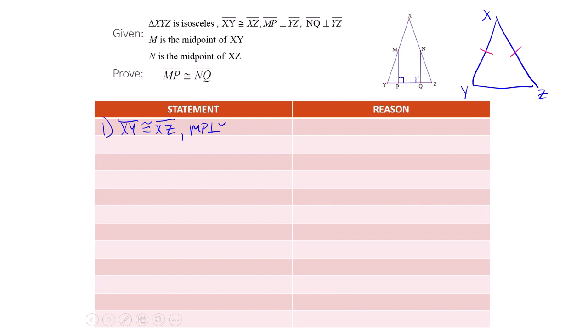MP is perpendicular with YZ, and NQ is perpendicular with YZ. All right, and then we can say M is the midpoint of XY and N is the midpoint of XZ.